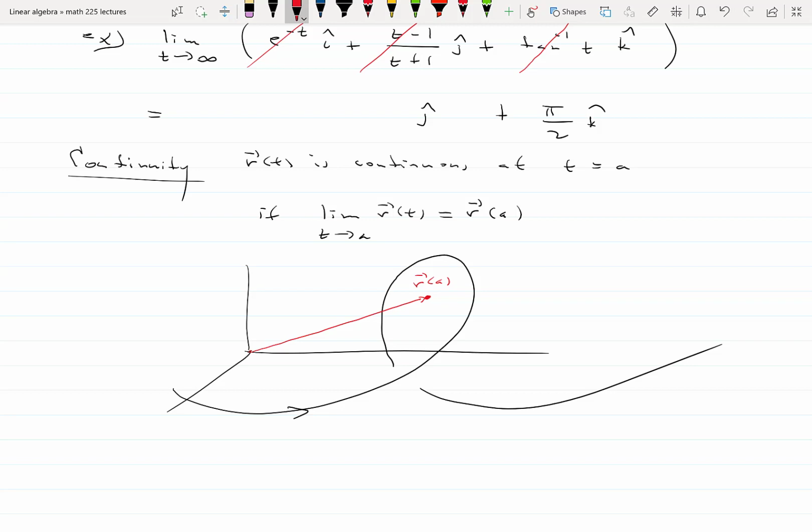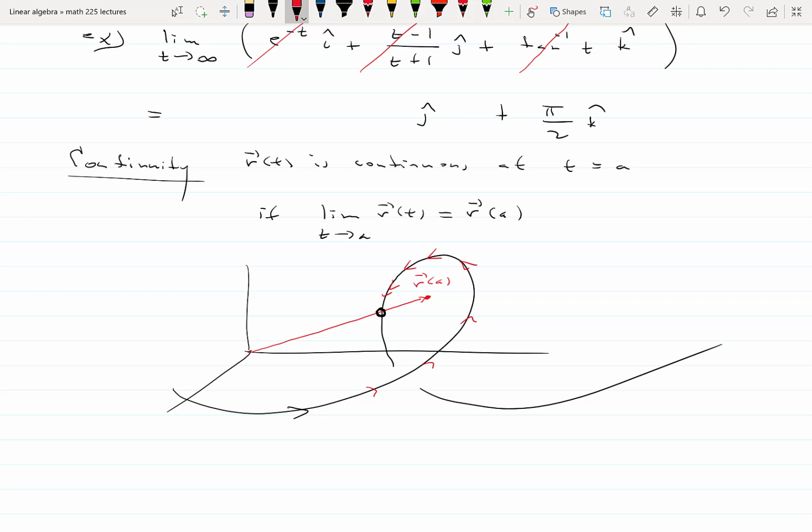And on the curve, there's a hole there. So this curve is not continuous at t equals a, because as t approaches a, the curve is moving in this direction and approaches the little circle.